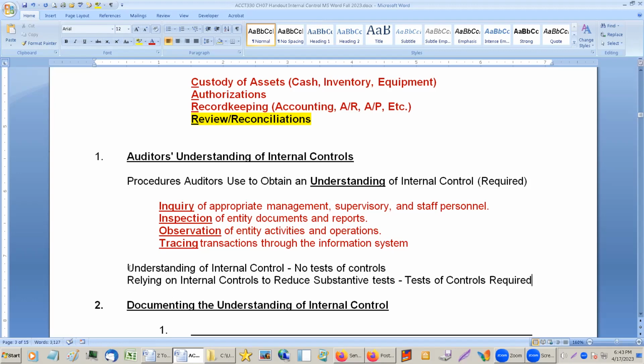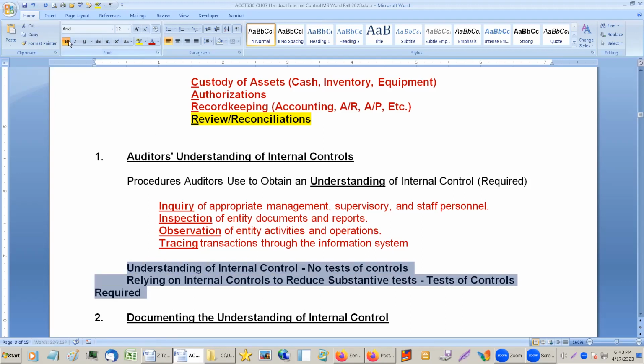To get an understanding of internal control, you do not need to test it.